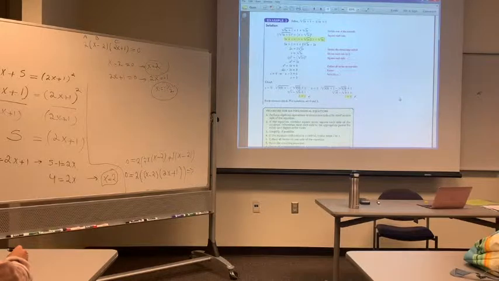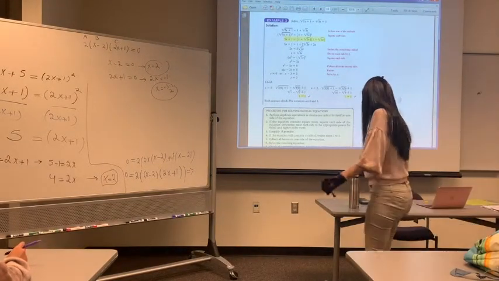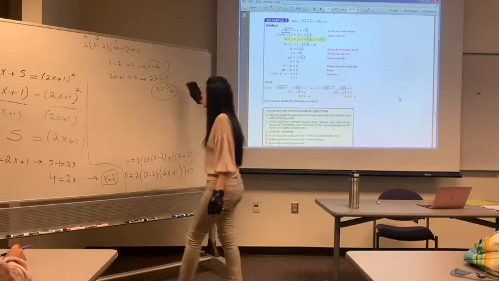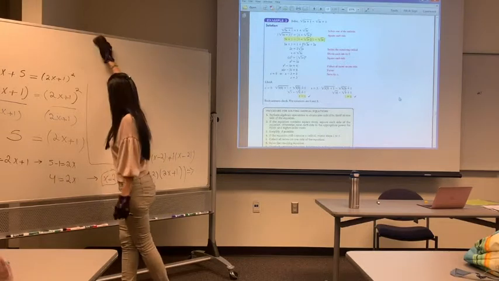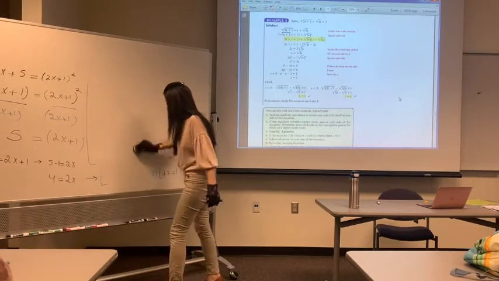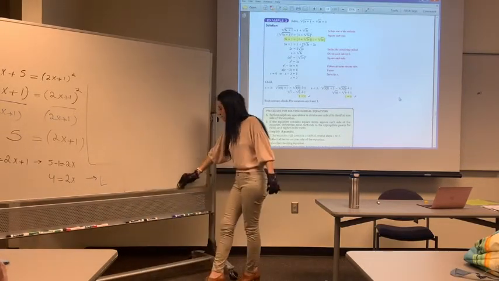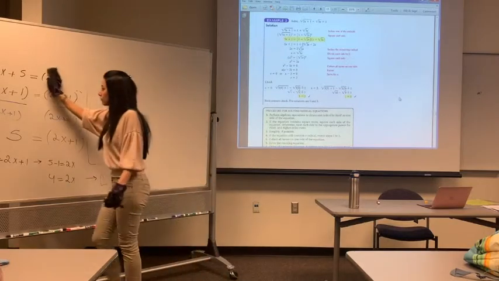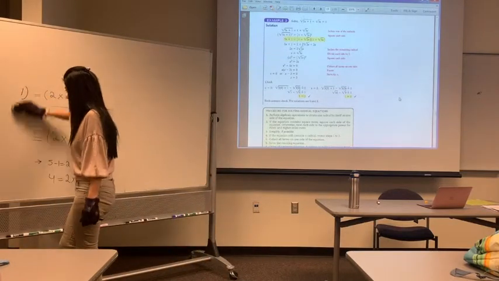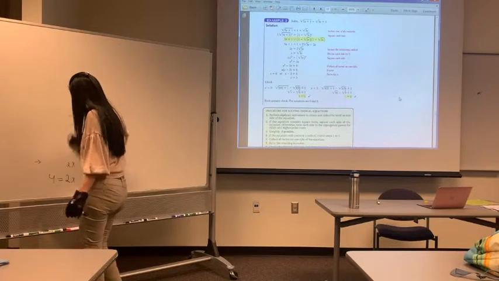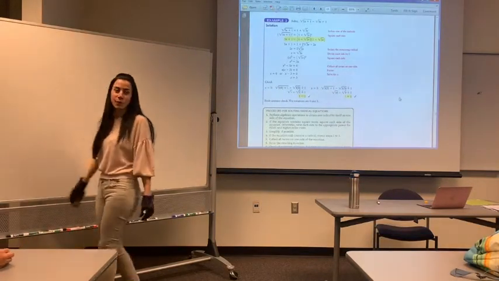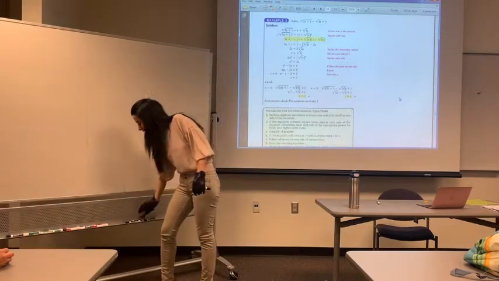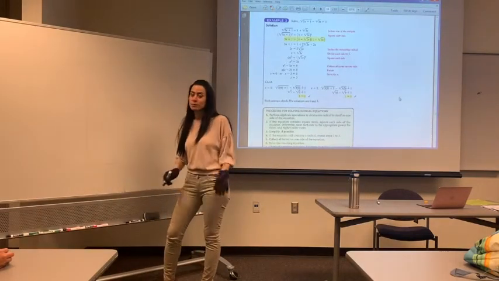Now we have 2 radicals. So for sure you should go back and review all the formulas we had in the factoring chapter.